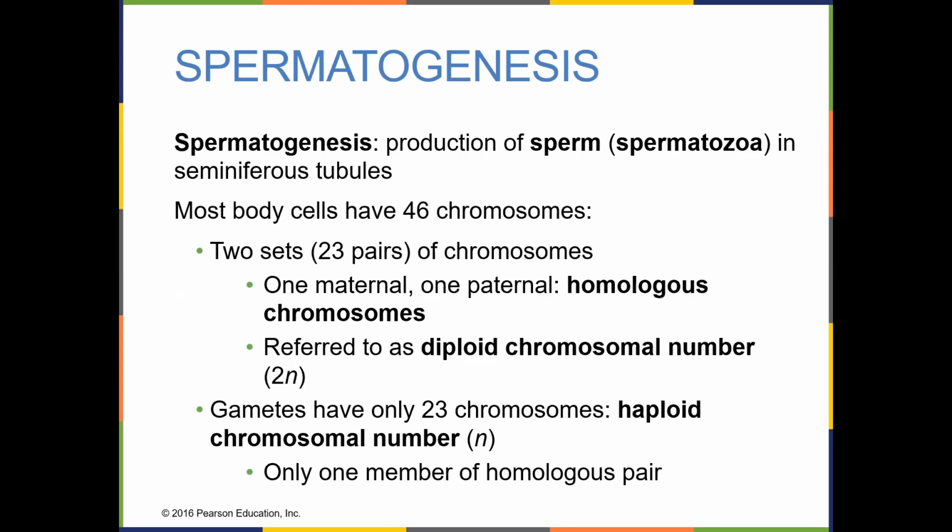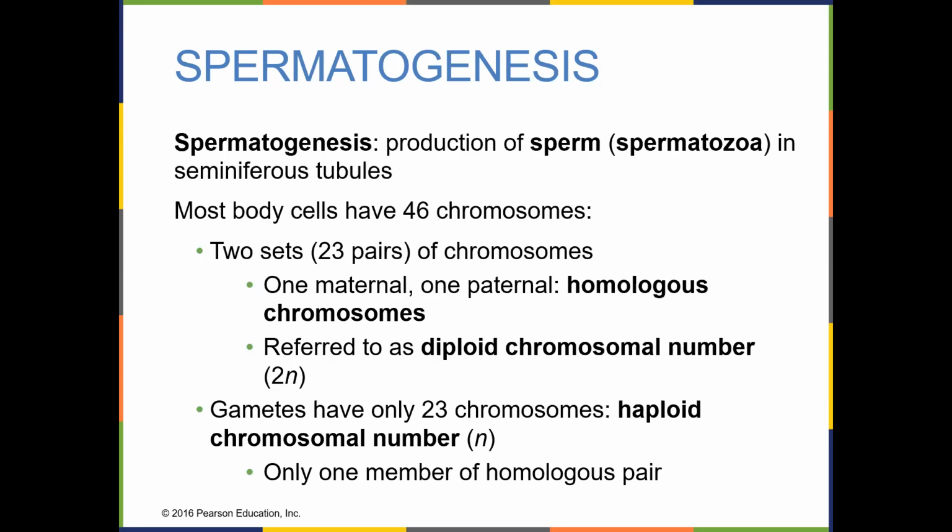Our somatic cells are all the cells except the sex cells. So all the cells in our bodies except the sperm cells and the egg cells are going to be somatic tissue, and they're all going to have 46 chromosomes.